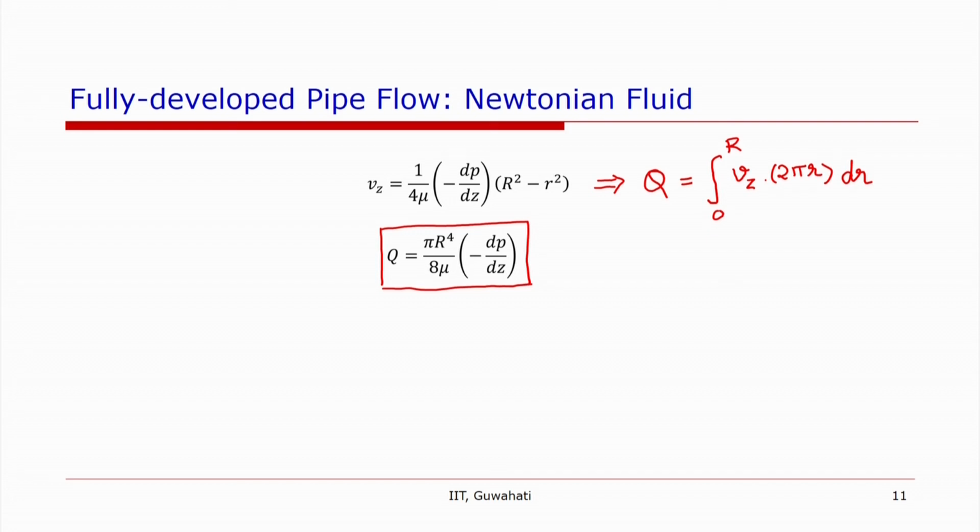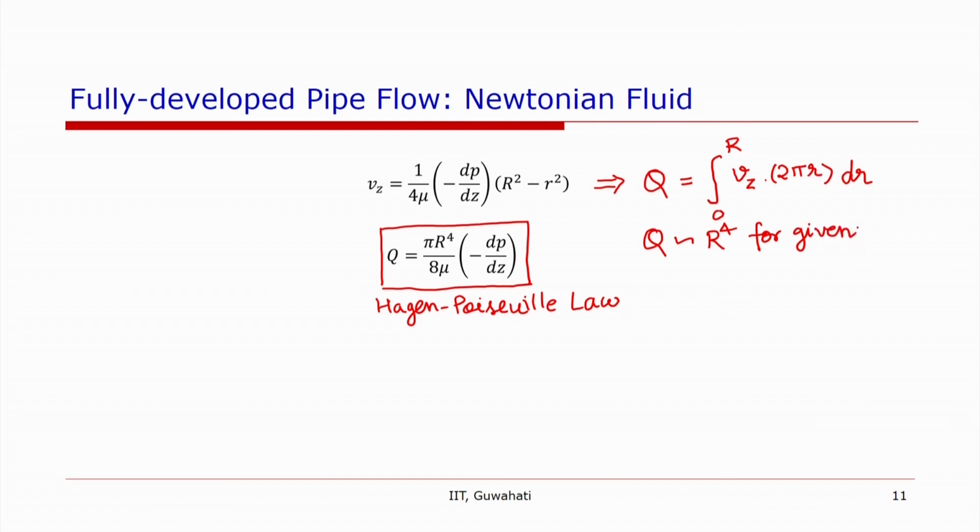This relationship is known as the Hagen-Poiseuille law, which says that for a given pressure gradient, Q is proportional to r to the power 4.